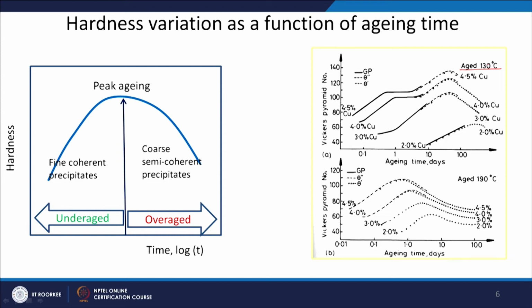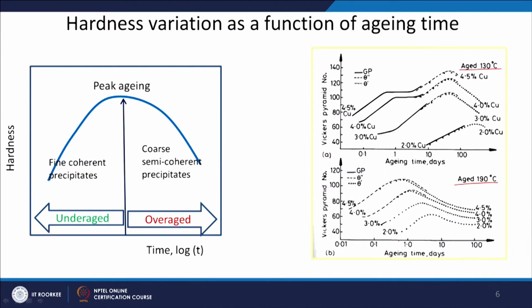So, if you are doing it at 130 degrees Celsius, but if I do the same aging at 190 degrees Celsius, for example, after solutionizing and quenching you take it to 190 degrees Celsius. Now, you can see that I am able to achieve the peak aged condition in, let us say, less than 1 day, maybe like 22 hours, 23 hours or so.